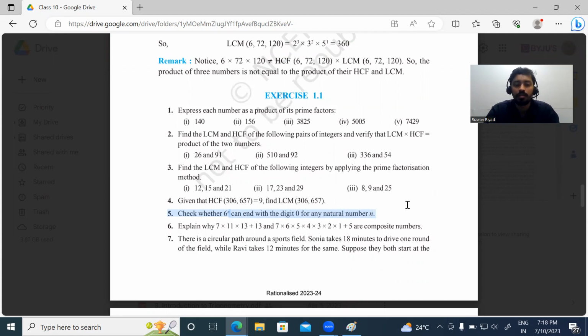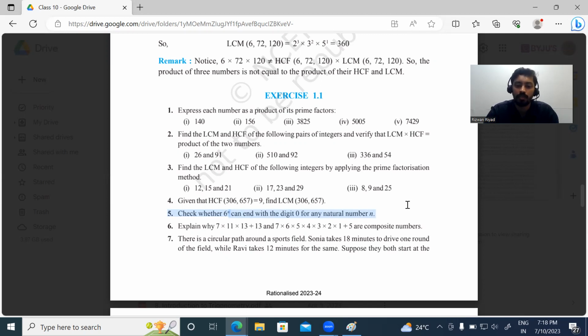You can read: check whether 6 raised to n can end with digit 0 for any natural number n. That is the question. We have an expression 6 raised to n, and the question is, can this 6 raised to n end with the digit 0 for any natural number n?